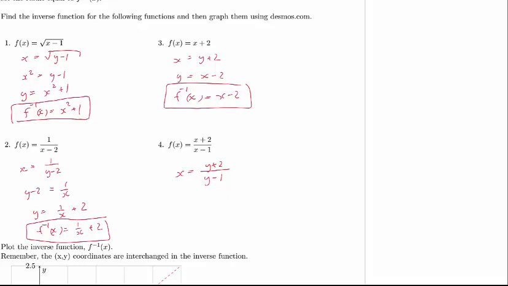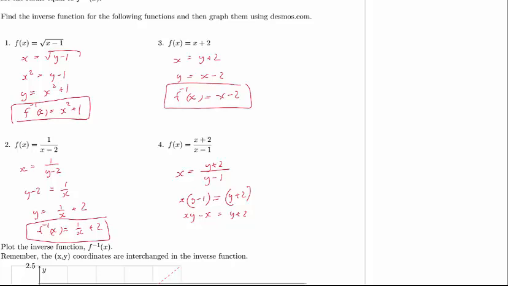Multiply both sides by y minus 1, so we get y minus 1 here. Next, we're going to distribute this x value here to this term and then to that term. So we have xy minus x equals y plus 2. So again, what we're trying to do is isolate the y's on one side and send all the x's to the other.